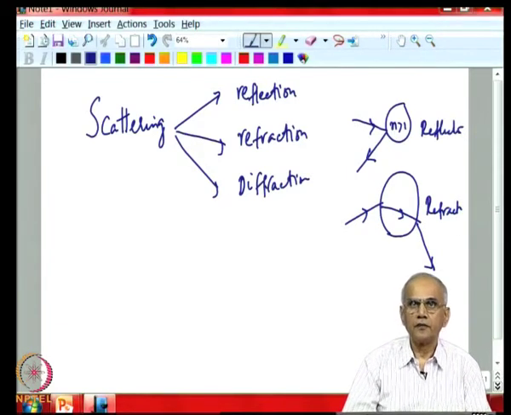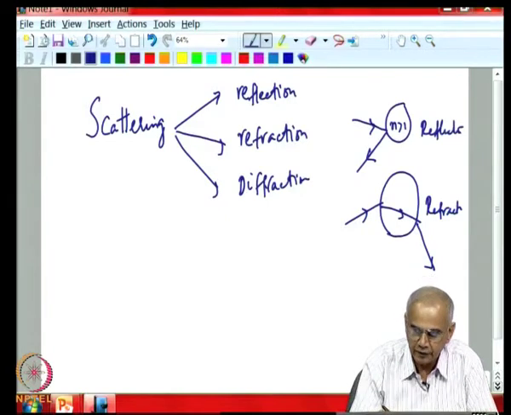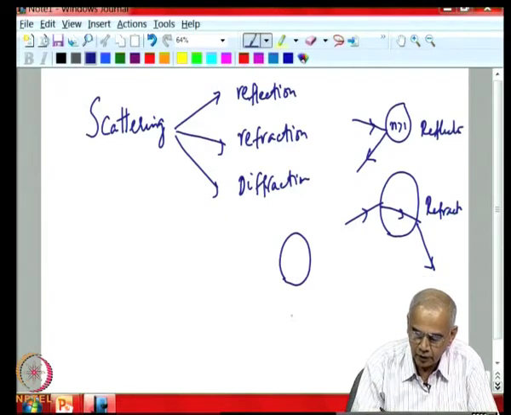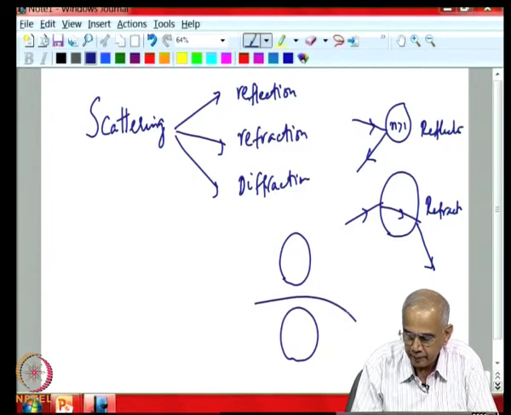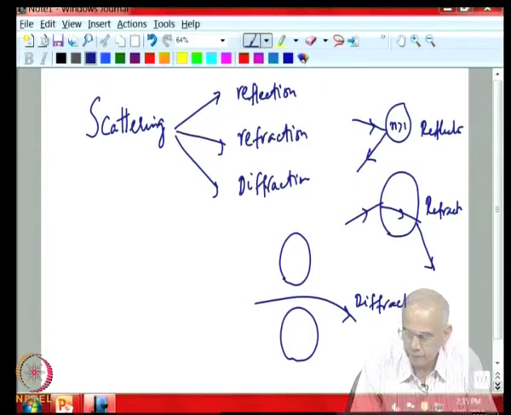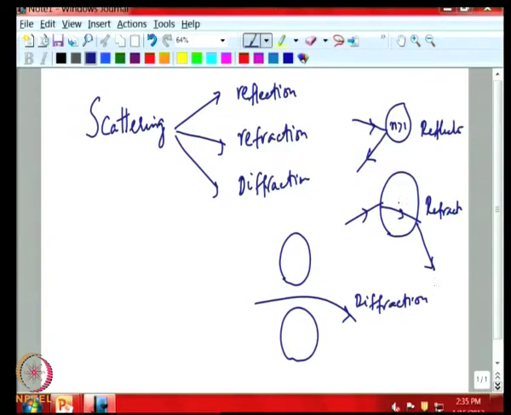In addition to reflection and refraction, there is also diffraction, in the sense that if there are droplets here, a ray of light might just bend on account of the influence of the particle. So, in the first two cases, that is reflection and refraction, the ray actually touches the particle and either reflects off it, or the ray goes through the particle and gets refracted.